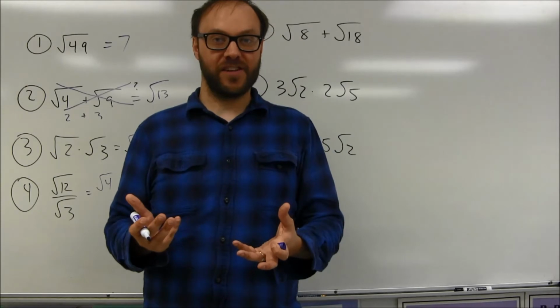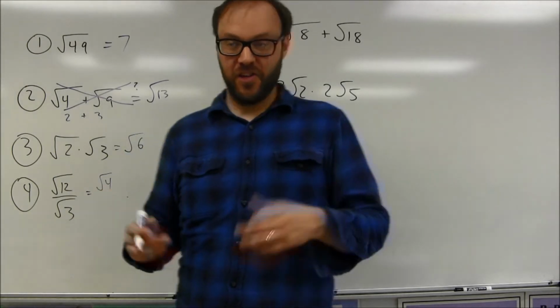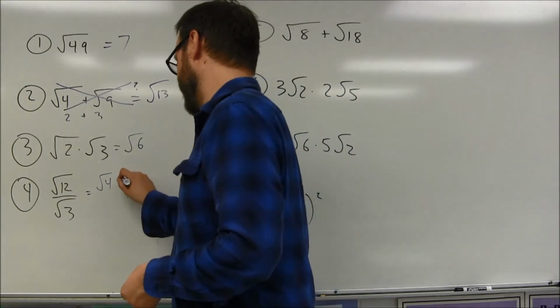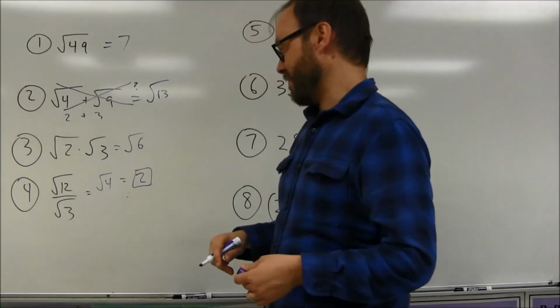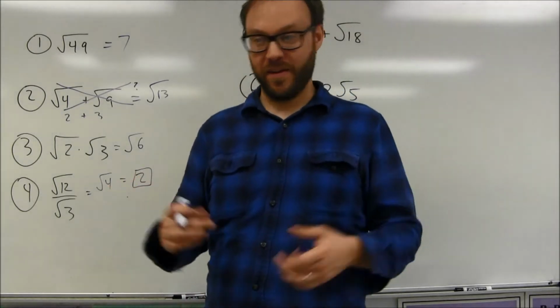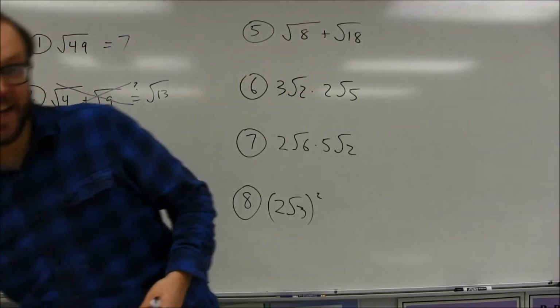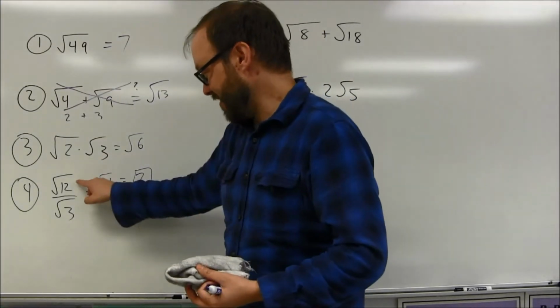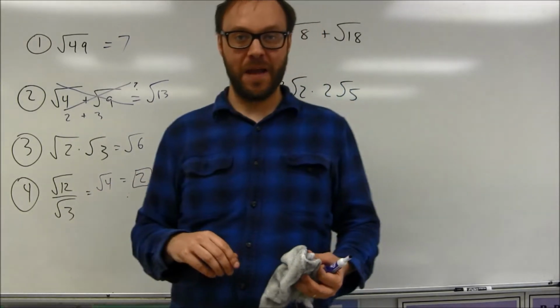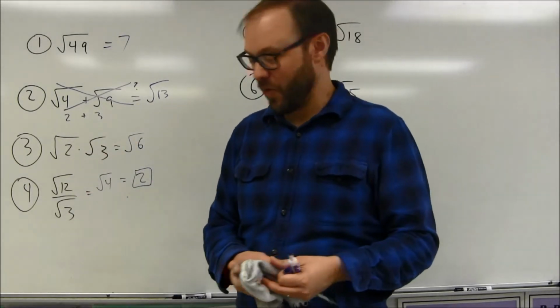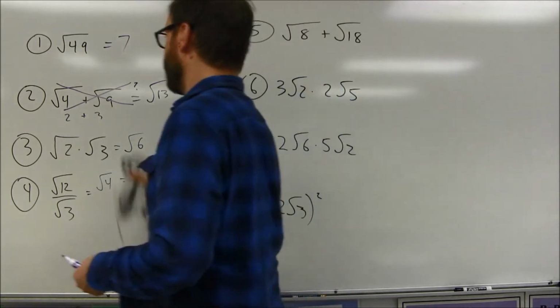Sometimes the radical is actually going to break down and you may be able to get a whole number result. For example, in this problem here, the square root of 12 divided by the square root of 3 ends up equaling 2, which I think is fascinating because you have two infinite decimals, irrational values, that you divide to get a whole number. Again, it isn't always going to give you a whole number, but it can.